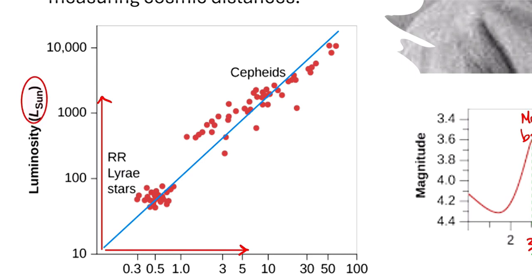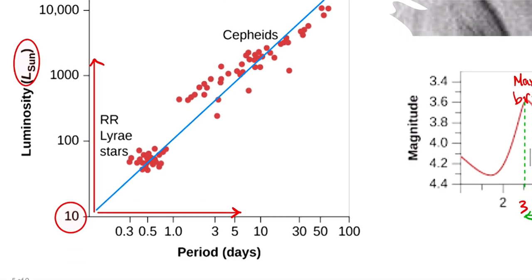So for example, if a star has a luminosity of 10, this means that it is 10 times as luminous as the Sun, which has a known luminosity of about 3.83 times 10 to the power of 26 watt.